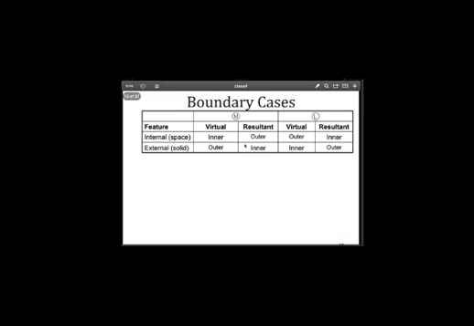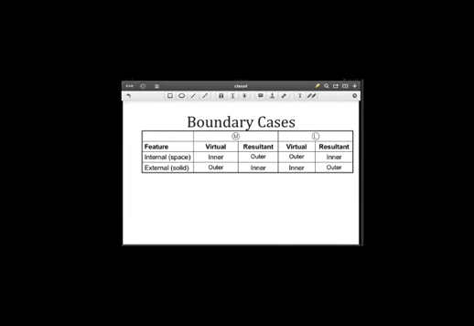So we've got our boundary cases, inner and outer boundaries, based upon whether it's maximum material condition or least material condition. Again, typically you're going to see the maximum material condition used in most cases. So primarily we'll be concerned about this, but you might see this in a few cases.